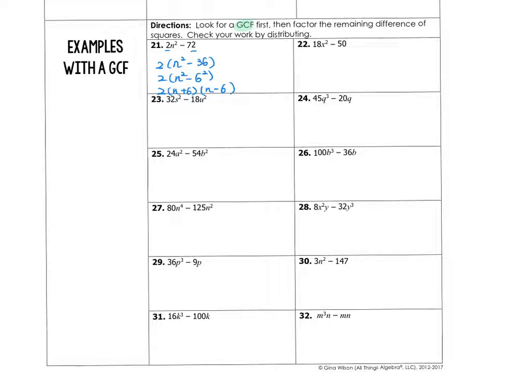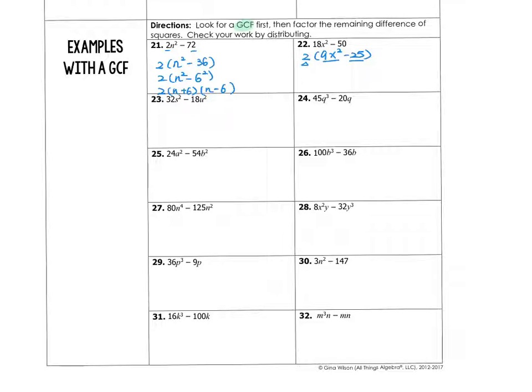Number 22, same thing. I have even numbers, so I factor that out using each term divided by the common factor. So I have 9x squared minus 25. Understand how I got these two values: I got them from using the original term divided by my factor of 2.